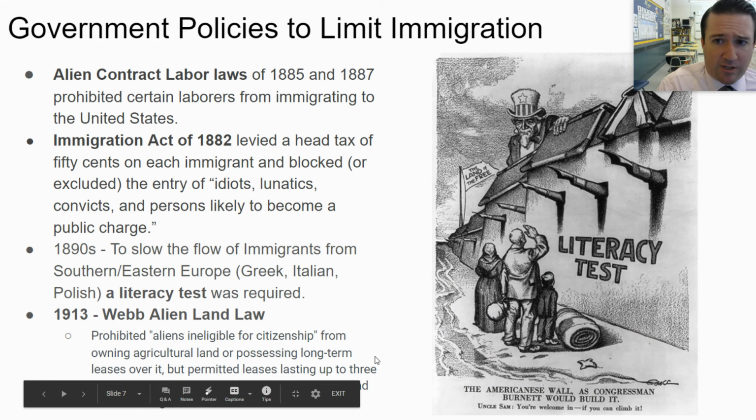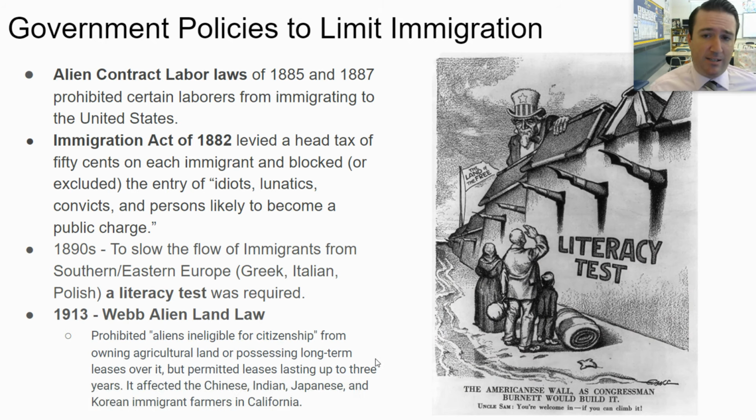So nativism doesn't just come in violence in terms of mob violence against the immigrants. There's also laws, and pushing for more laws, to limit the immigration of certain groups, and all groups really in some cases, to the United States.